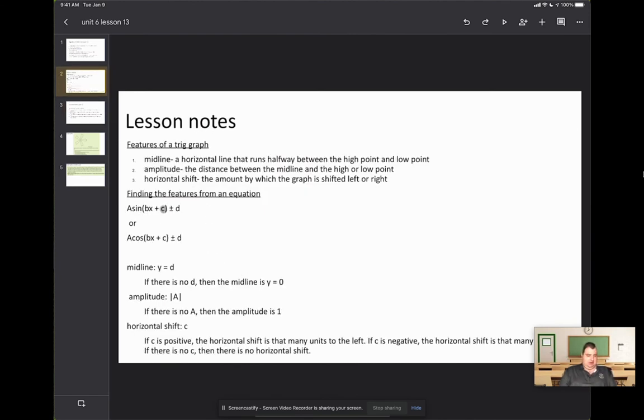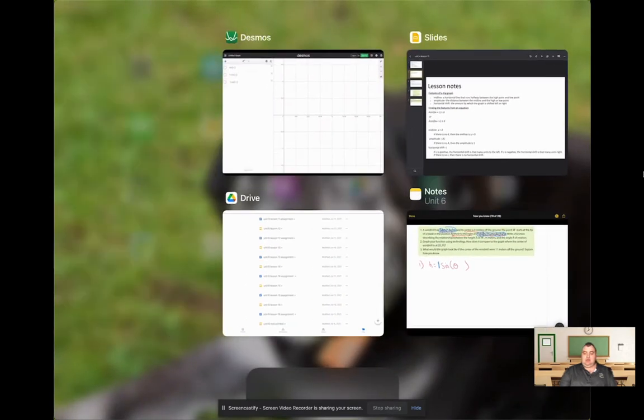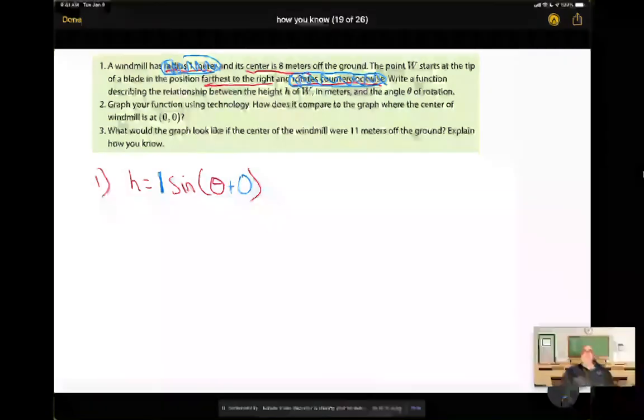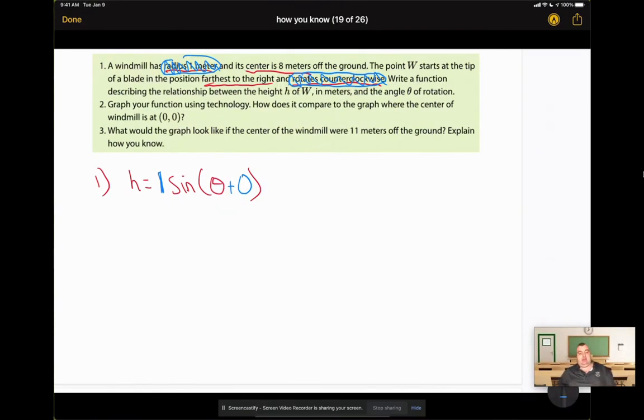So the C value is going to be the plus value after theta. In this case, I wrote x inside the parentheses. So I'm going to put a plus 0 inside the parentheses because it's starting at the 0 radian position. So we've used that fact.